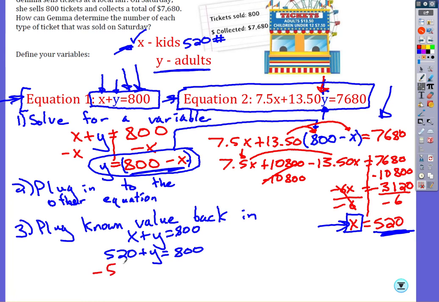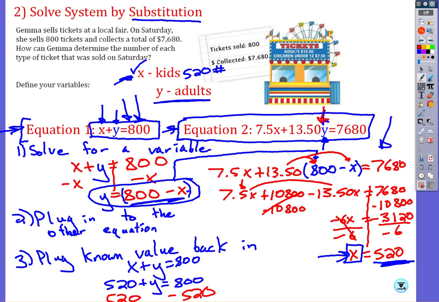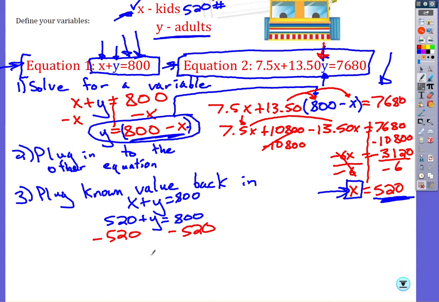Subtract off 520, and I should get exactly what I got before. 800 minus 520 is equal to 280. So y here, those cancel out. 800 minus 520, that will give you 280.